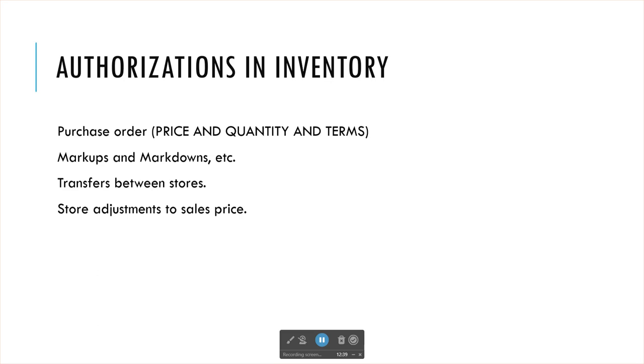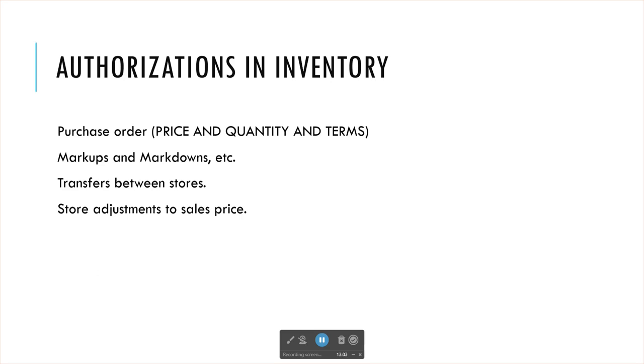Markups and markdowns, you can't just take markups and markdowns. And in a lot of cases, it's the buyer. The buyer has to take responsibility for markups and markdowns. And a lot of markdowns would need to be approved by supervisors at a higher level than the actual buyer.